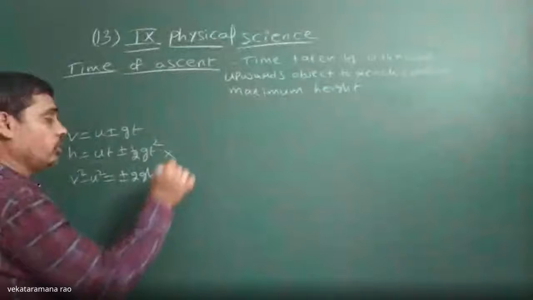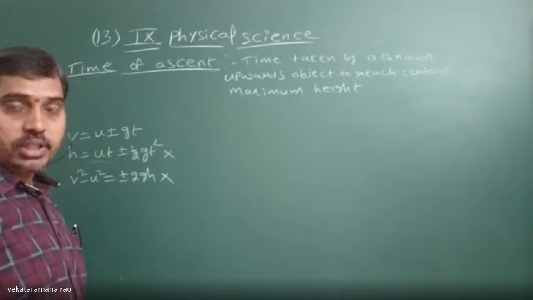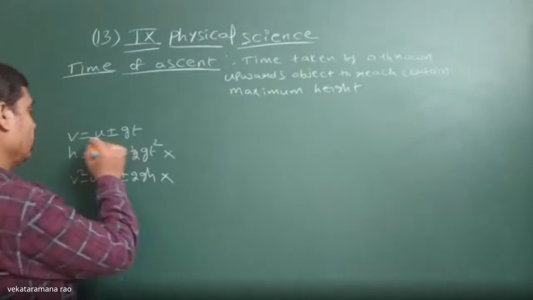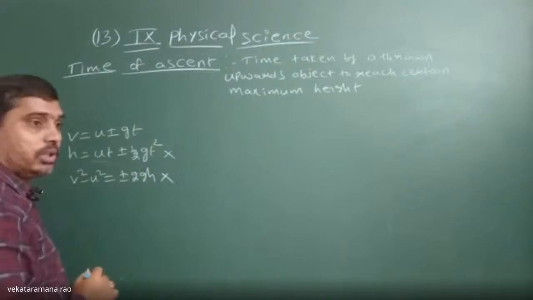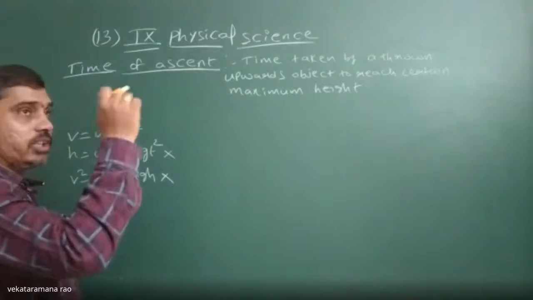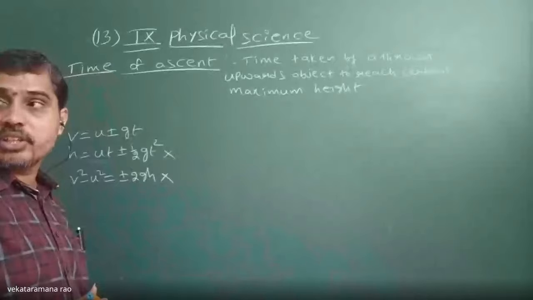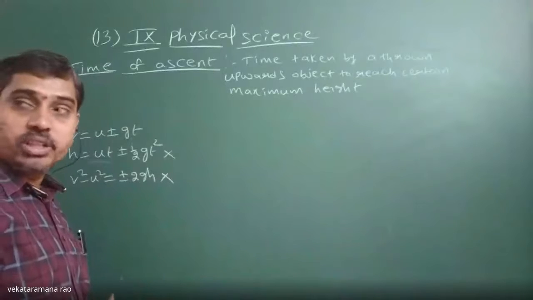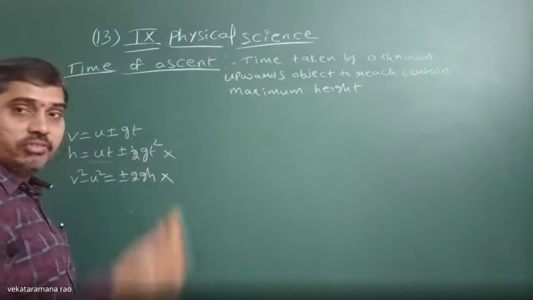So this is also not useful to derive time of ascent. What is useful is v is equal to u plus or minus gt. Here v means the final velocity when it reaches maximum height, which will be 0. The starting velocity will be a certain starting velocity.